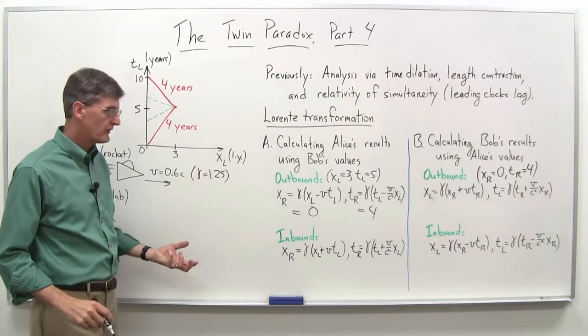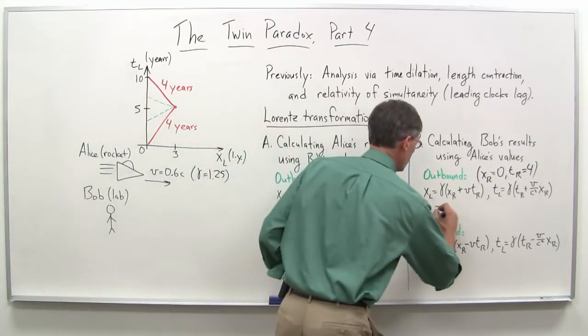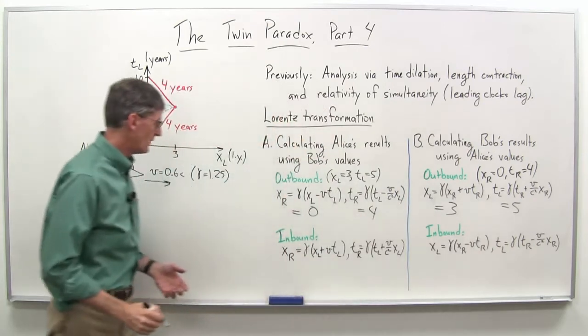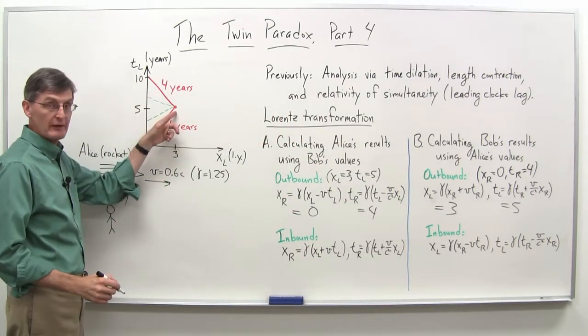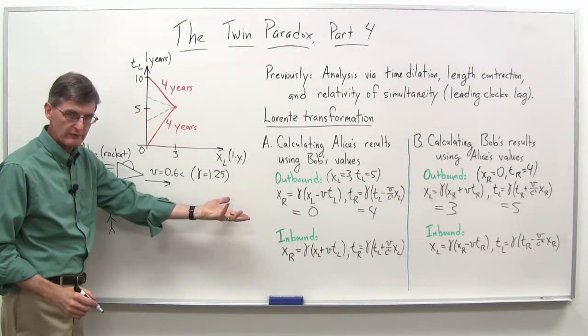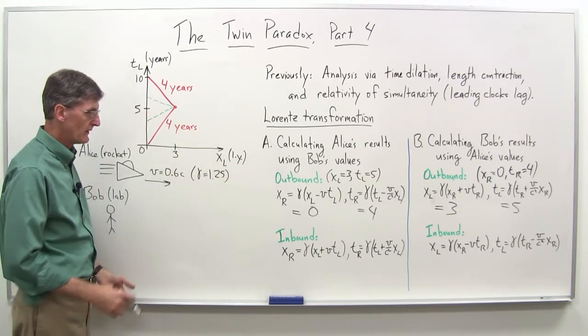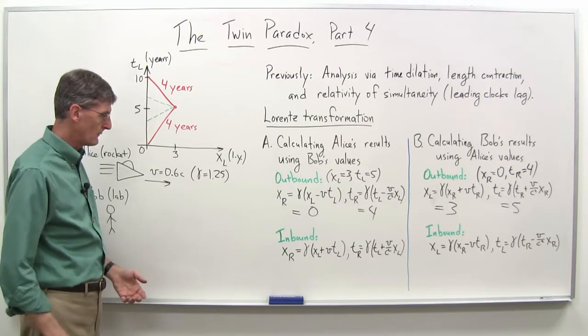You plug those values in, and you get, as you should, 3 and 5. In other words, Bob's measurement of that space-time point is xL equals 3 light years and time 5 years there. So that checks out, as it should.